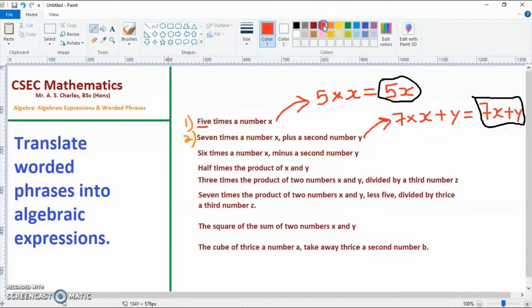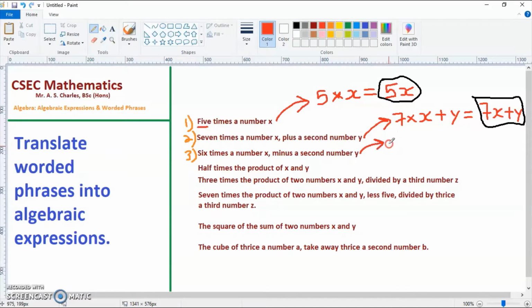The third question, we have 6 times a number x minus a second number y. Well, we know that 6 times a number x is the same as 6 multiplied by x.